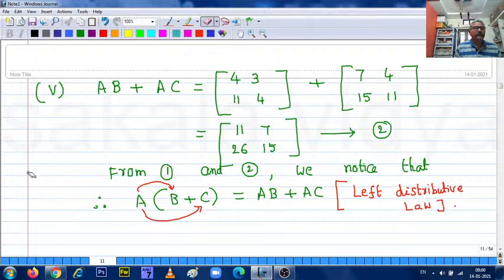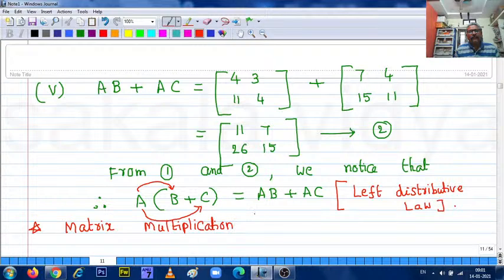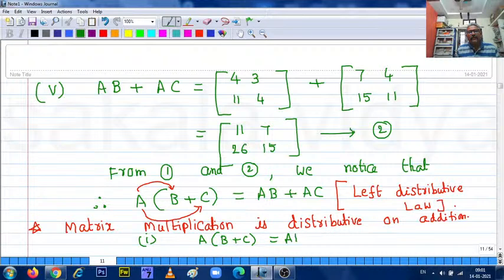So that means matrix multiplication is distributive over addition. The first property is A of B plus C equals AB plus AC.